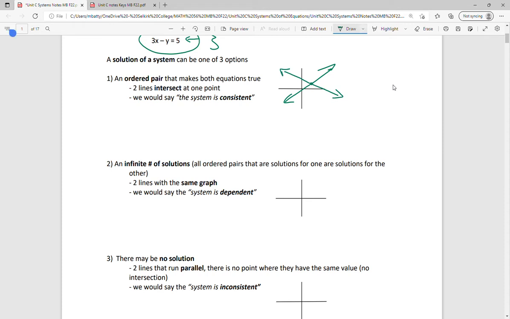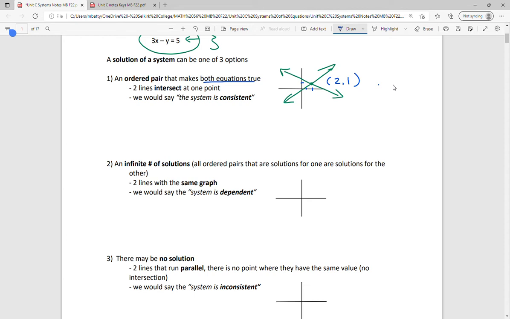That point is super important because that point of, say, 2 and 1 in this case is the values of x and y that satisfy both the equations, makes both the equations true. And so each one individually would have an infinite number of ordered pairs that make it true. But when you consider them together, when you consider the system of equations, there's really only one x and one y that satisfies both of them.